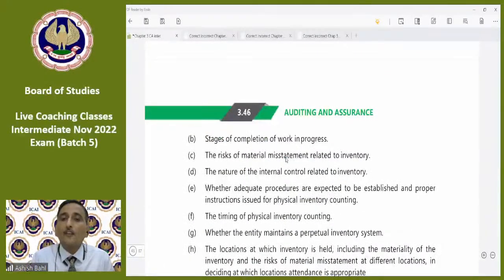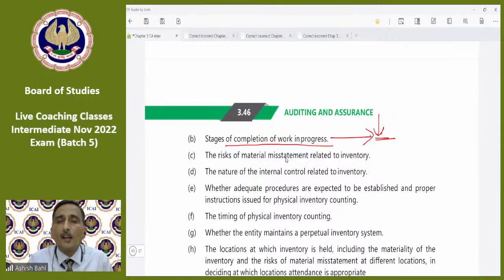Next, stages of completion of work in progress. If the inventory also relates to work in progress, then what is the stage of completion? At what stage is the work in progress? Is it the first stage, some intermediate stage, or near finishing?